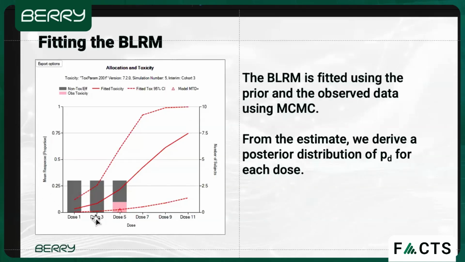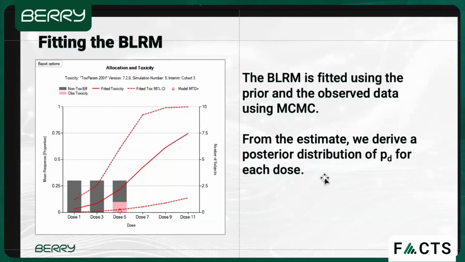So at any point in the trial, when the results come in from the last cohort, we can fit the BLRM. As you see here, we've got 3 subjects on dose 1 with no toxicity, 3 subjects on dose 3 with no toxicity, 3 subjects on dose 5 with 1 toxicity, and given our prior, the resulting fit has a mean of this solid red line and 95% credible intervals given by the upper and lower dashed lines.